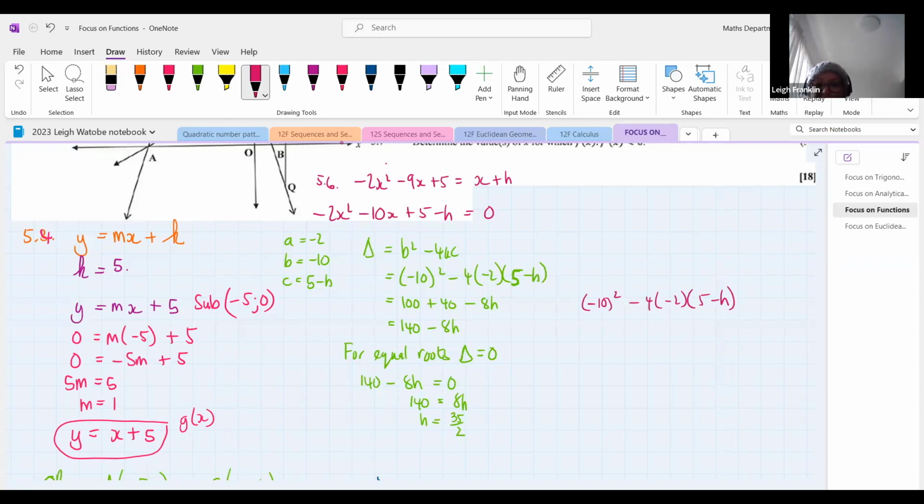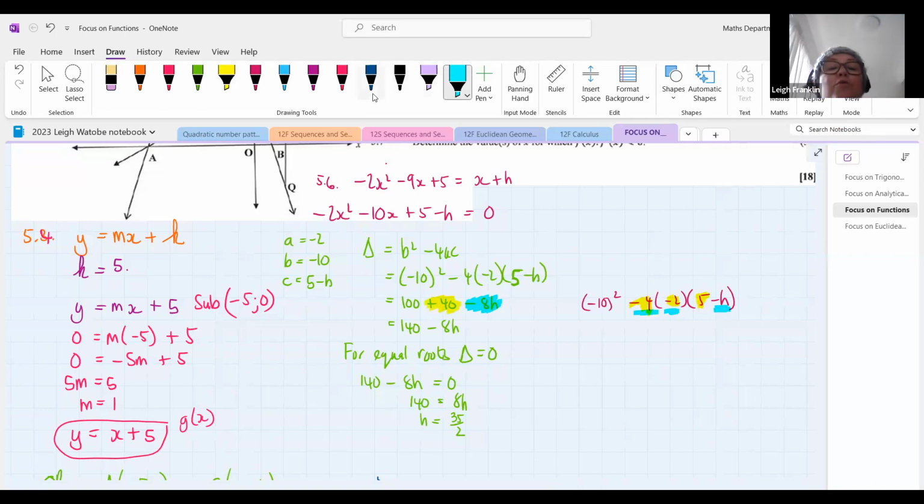So Lebogang, you are multiplying the minus 4 with the negative 2 and then by the 5, because C in this case is a binomial. So when you're expanding your brackets, you would have to multiply those three things together to get the first term. That's where the plus 40 comes from. And then you would have to multiply the -4 with the -2 by the -h. That's where the -8h comes from.